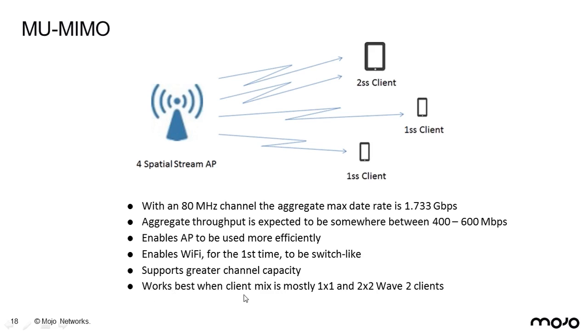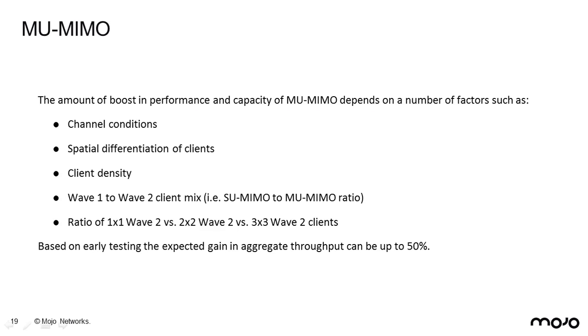All right. So yeah, it works better if you have a mix of 1x1. Actually, 1x1 would even be better than 2x2. So if we have 4 1x1 clients, we expect to see an efficiency gain over, say, 2x2 clients. Okay. Moving on.